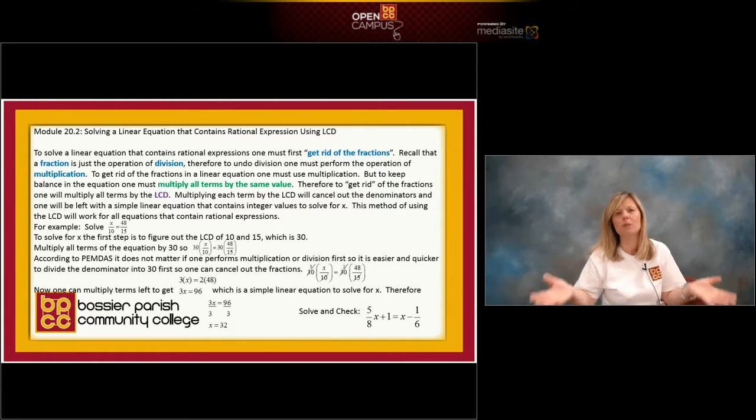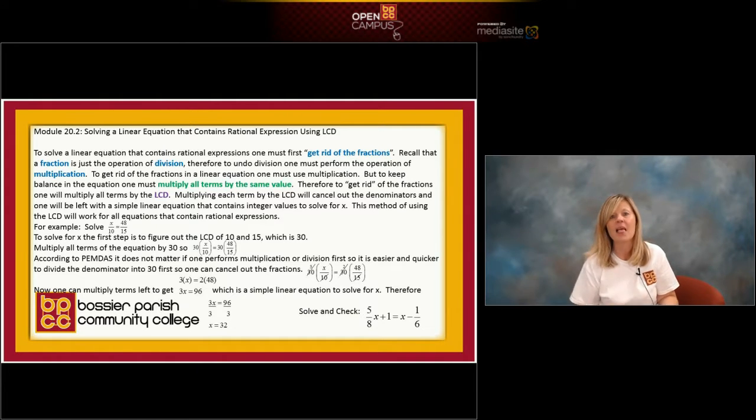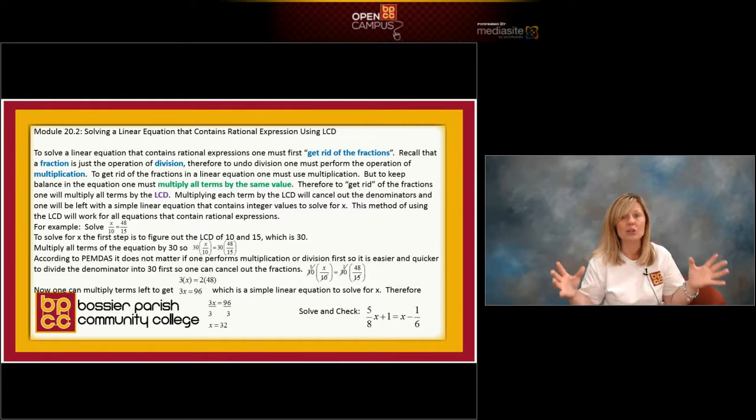No, your recipe wouldn't be balanced. So the problem is, to get rid of fractions, we want to use multiplication, but we have to multiply every term by the same number. That number has a name you've heard from 3rd grade. It's the LCD, the least common denominator. So all we've got to do is go back to our 3rd grade skills. We're going to look at our denominators, find the least common denominator. That's the number we're going to multiply by.